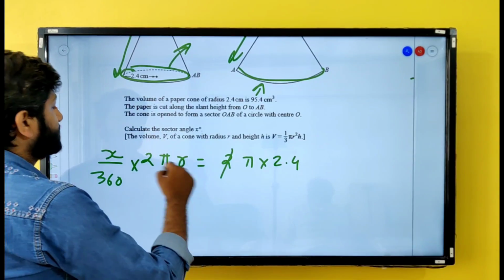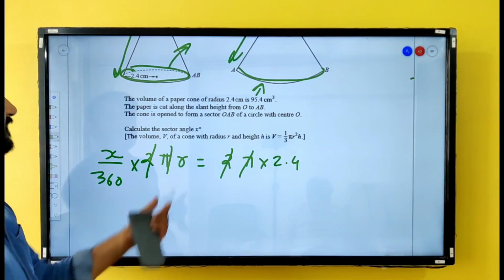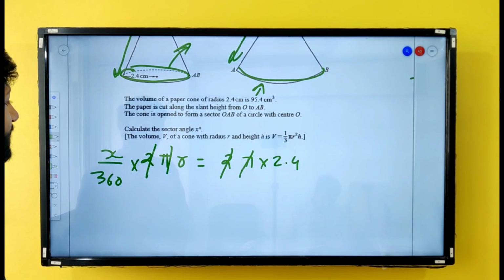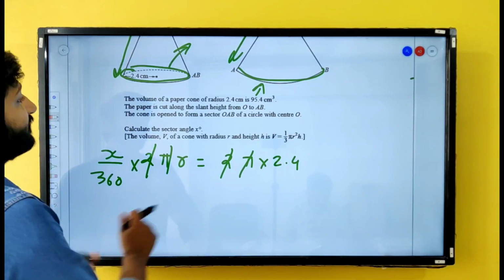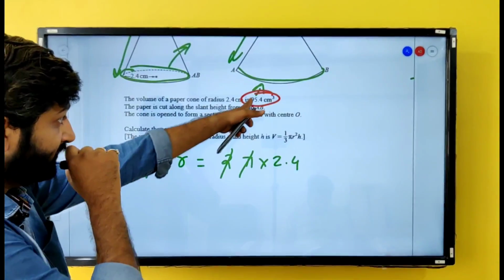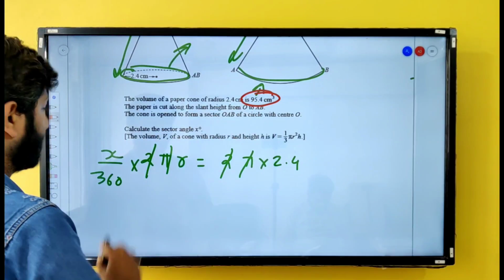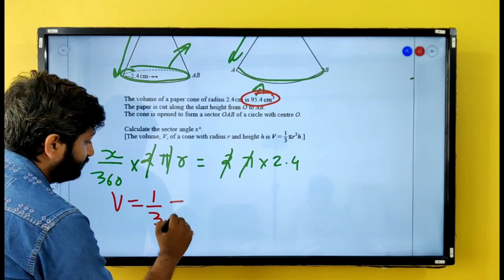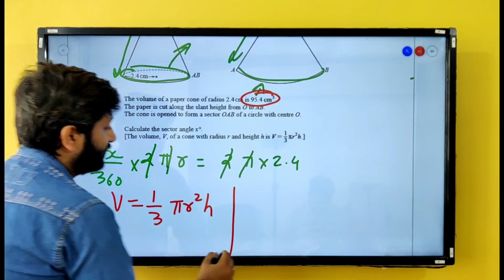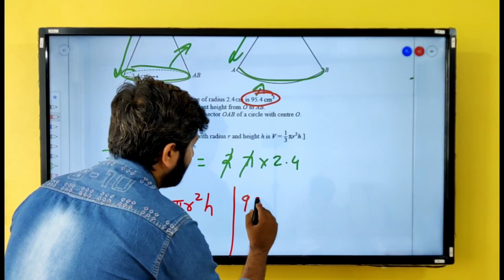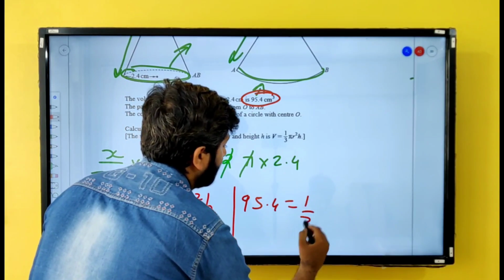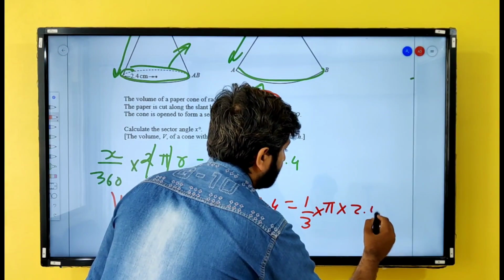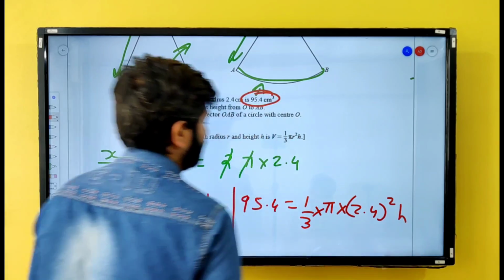But guys, the problem is we don't have the value of r, neither do we have the value of x. But can we find r? Yes, we can. How? We know the volume is 95.4 centimeter cube. So we know volume is equal to 1 by 3 pi r square h. Let us use that formula. So we have 95.4 is equal to 1 by 3 times pi times radius square into h.